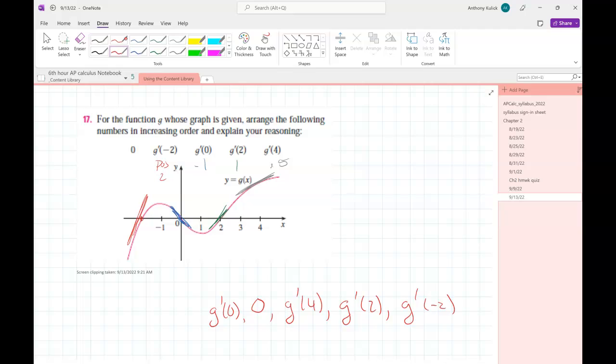So when you're looking at a derivative, are you also looking at the slope of the tangent line? The slope of the tangent line is the same as the value of the derivative at that point. So all I'm doing here is just drawing in my tangent lines and using those to estimate the slope. And I don't even really need an estimate in this case.